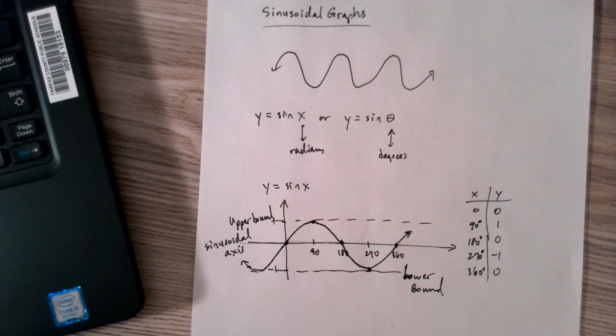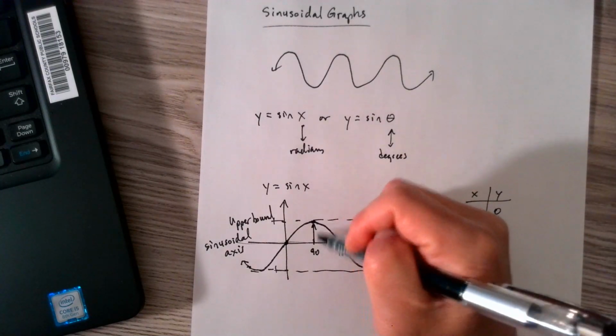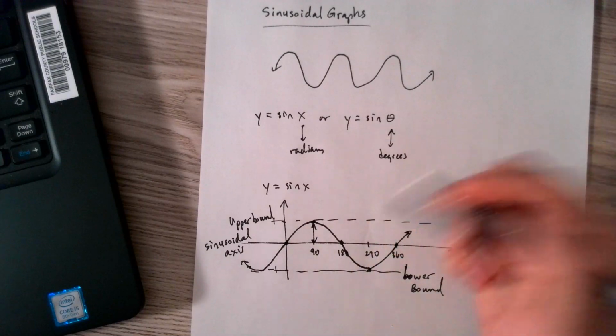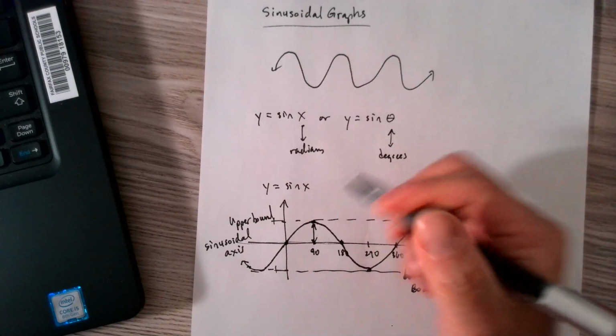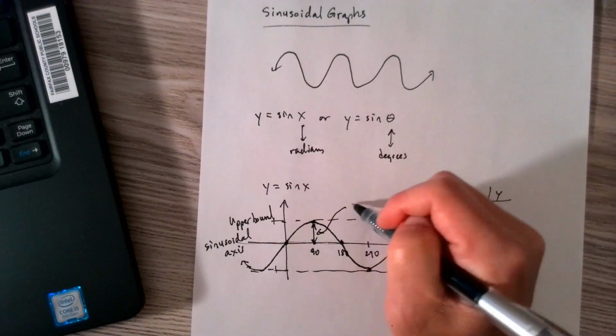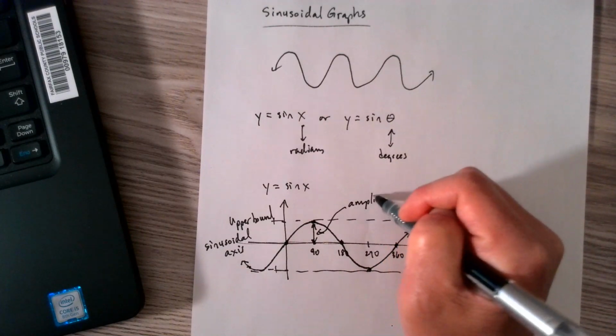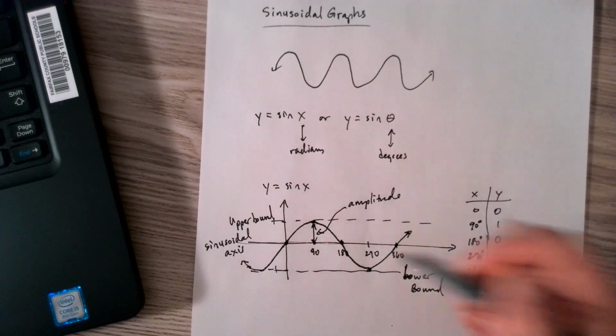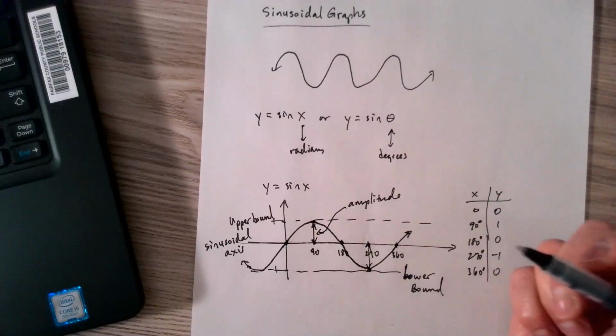The distance between the sinusoidal axis and the upper bound, or the lower bound, this vertical distance right here, that's called the amplitude. So that means this is also the amplitude.